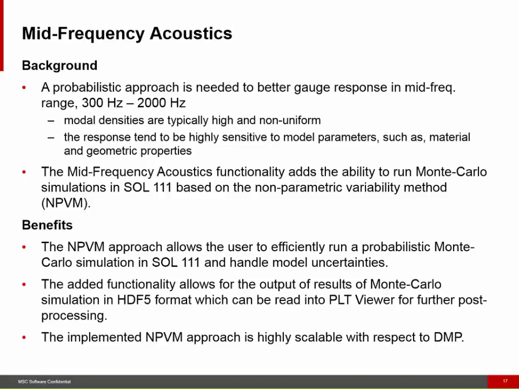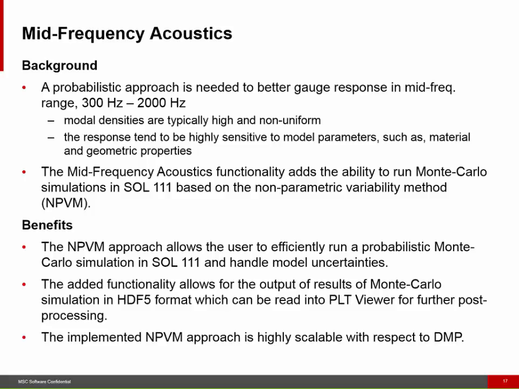This method adds variability directly onto the modal matrices, so it's a very efficient method since you don't need to resolve your eigenmodes. It also makes it very easy to run a number of analyses within just one solution 111 simulation job. And then you can post-process the results in a more statistical manner.